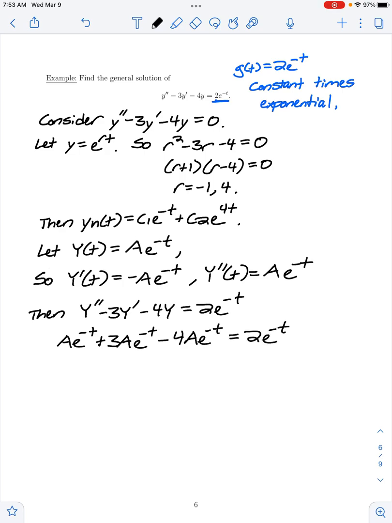We still need that to equal 2e to the negative t. But when I sum these terms on the left-hand side, I get 0, which is certainly not equal to 2e to the negative t. So there must be something wrong with the form of our particular solution.